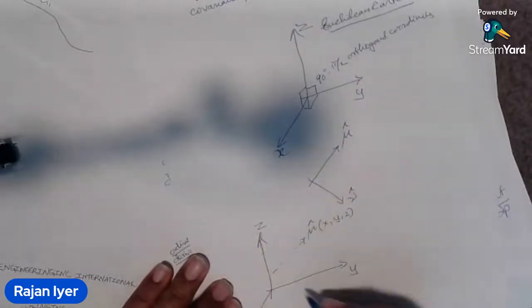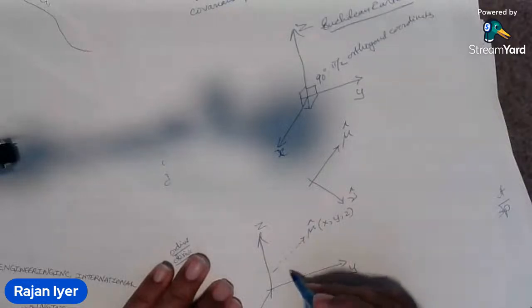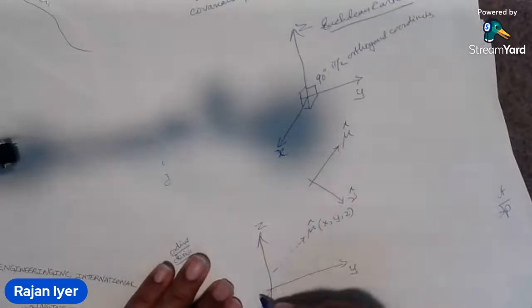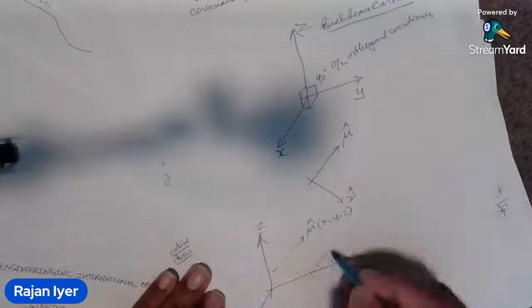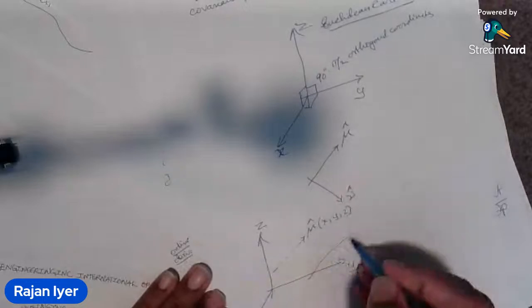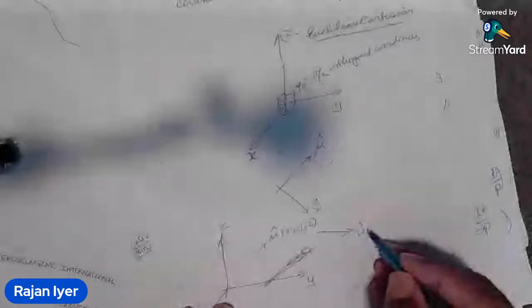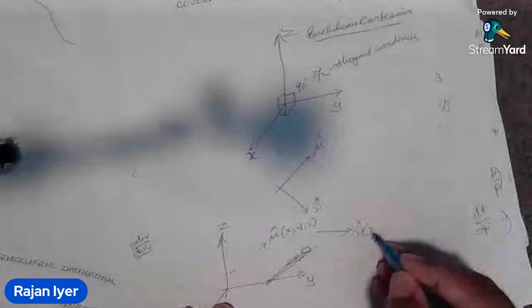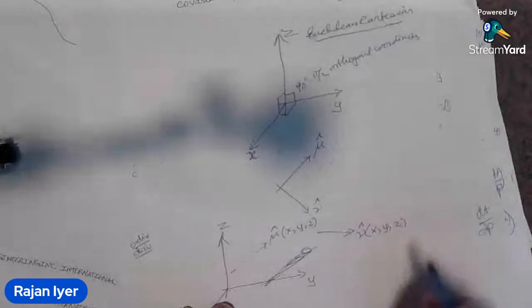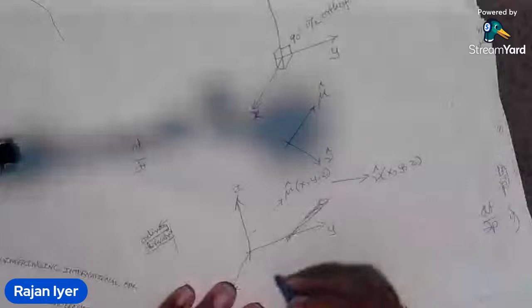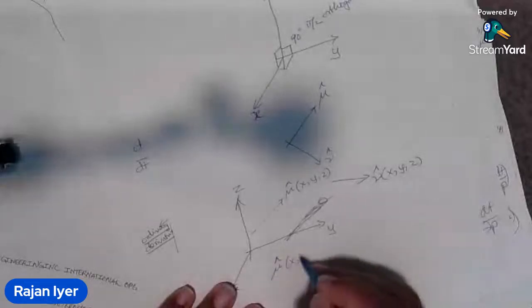And so is the other one, let's say this is nu prime, which may be another x, y, z, and mu prime x, y, z.